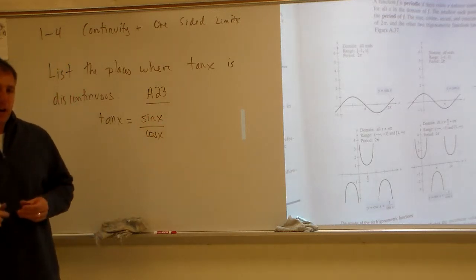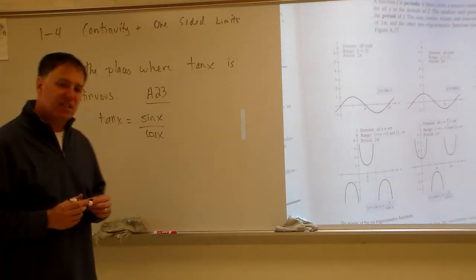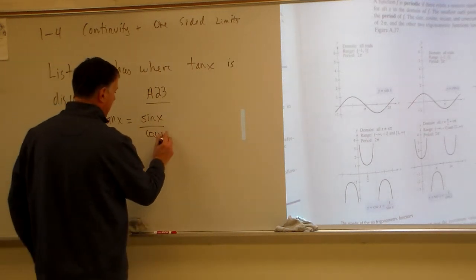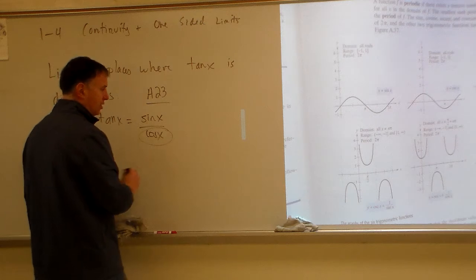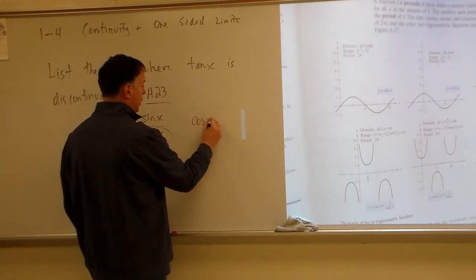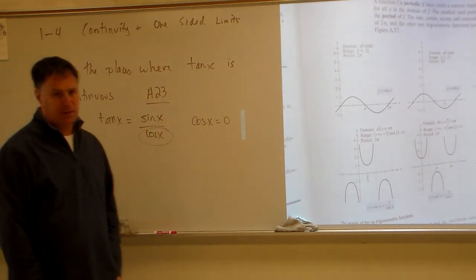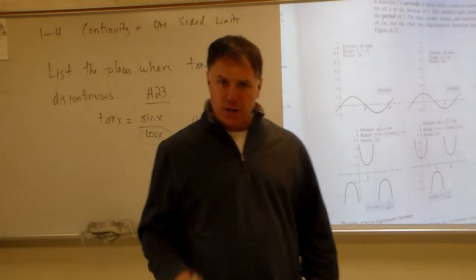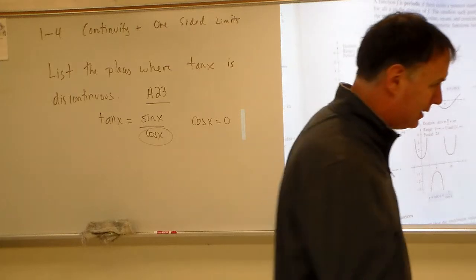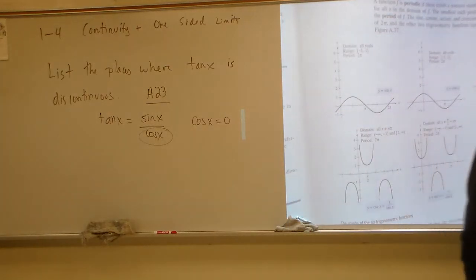So wherever the cosine of x is equal to 0, tangent is going to be discontinuous. This form in your appendix will tell you that. This is how you read these things. It says the domain: x can't be pi over 2 plus n times pi.